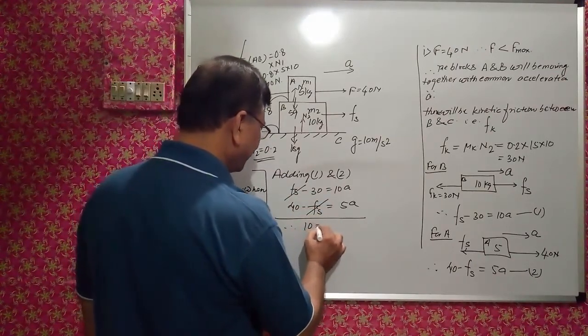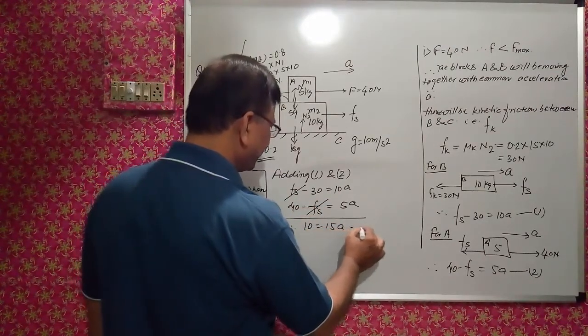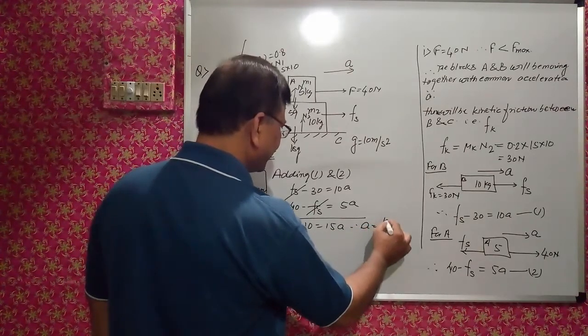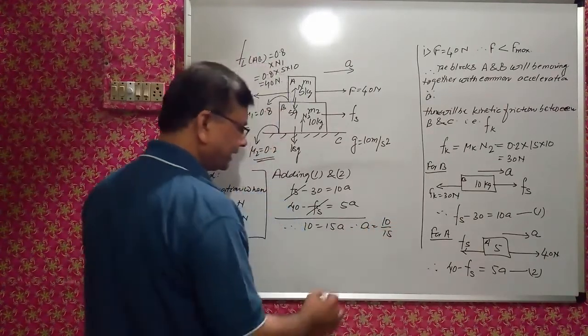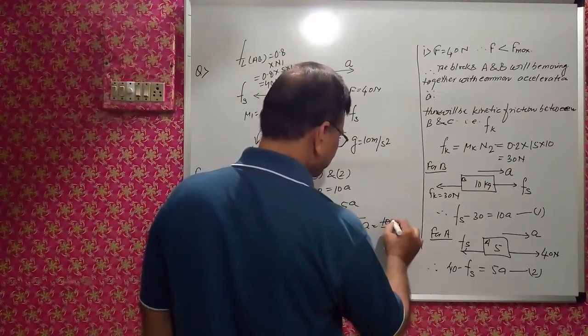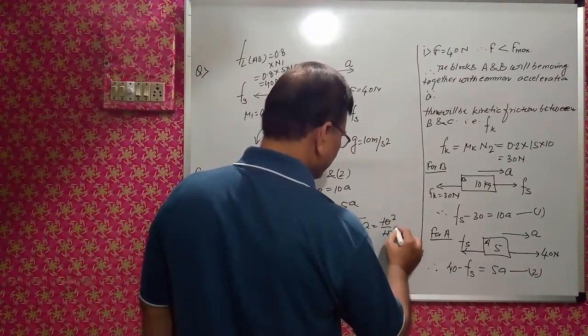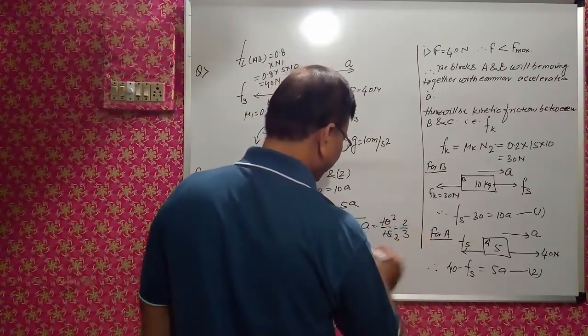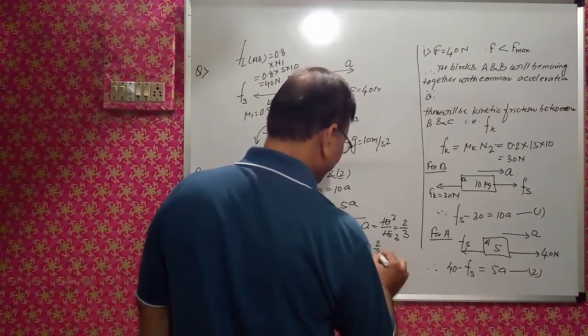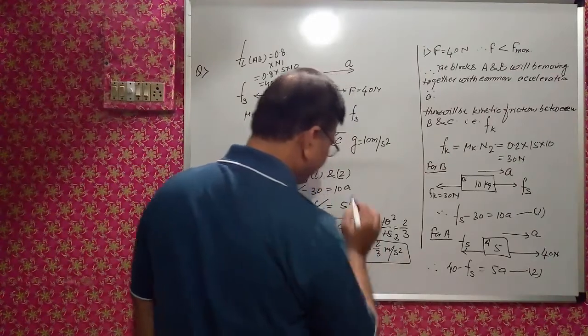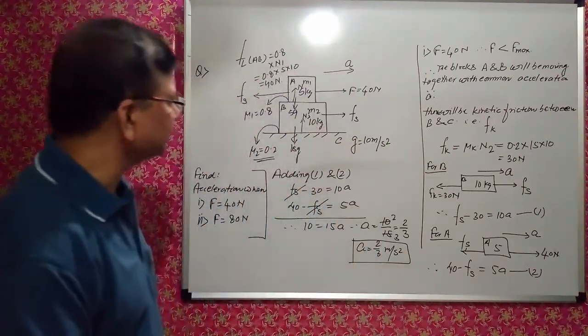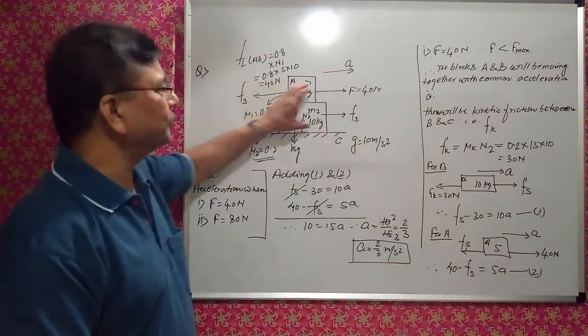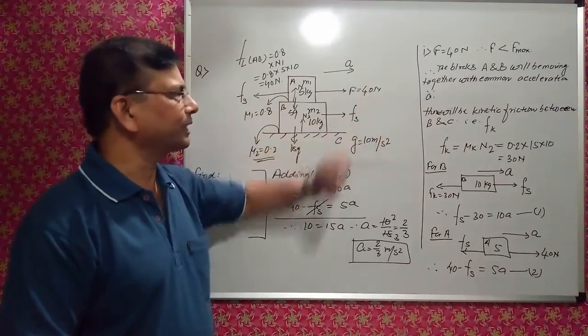Therefore, 10 is equal to 15A. Therefore, A is equal to 10 by 15. That is 2 by 3. So, A is equal to 2 by 3 meters per second square. And with this common acceleration, both the blocks will move when force is 40 Newton.